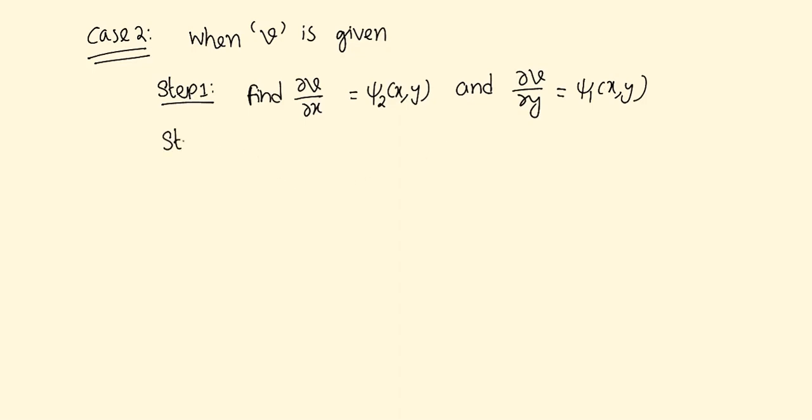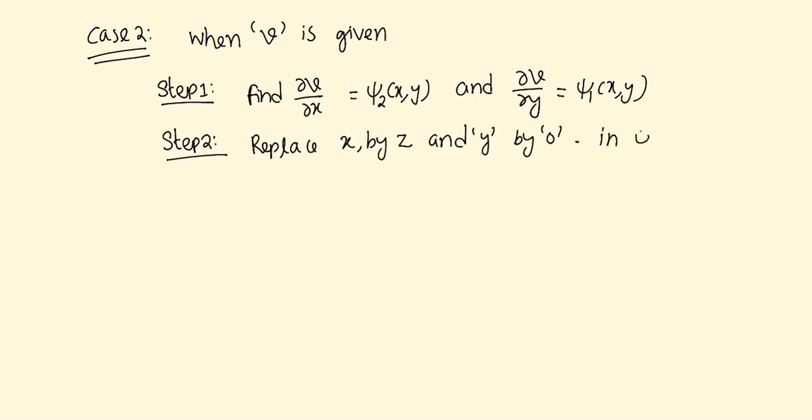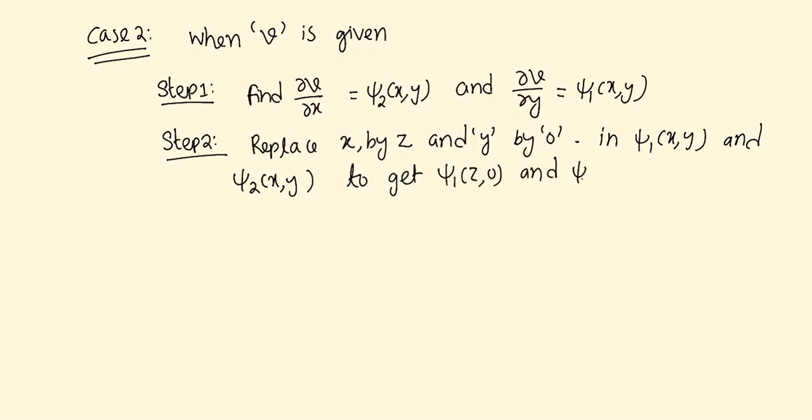Next, step 2: replace x by z and y by 0 in psi1 function of xy and psi2 function of xy to get psi1 function of z0 and psi2 function of z0.